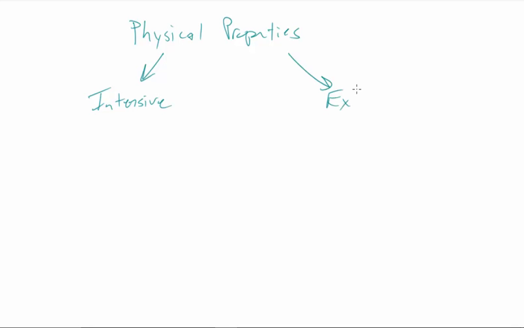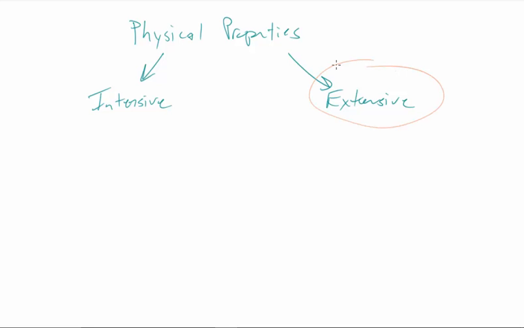If we have physical properties up top, we can actually break them down into 2 different classifications. One would be intensive physical properties, and the other is going to be extensive physical properties.